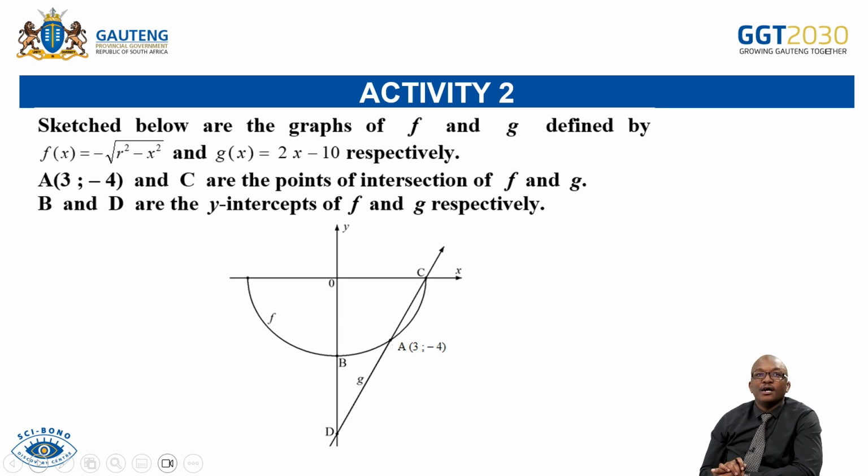Sketched below are graphs of f and g defined by f of x is equal to negative square root of r squared minus x squared, and g of x is equal to 2x minus 10, respectively. A (3, negative 4) and C are the points of intersection of f and g.